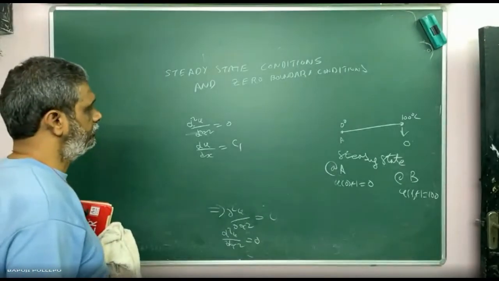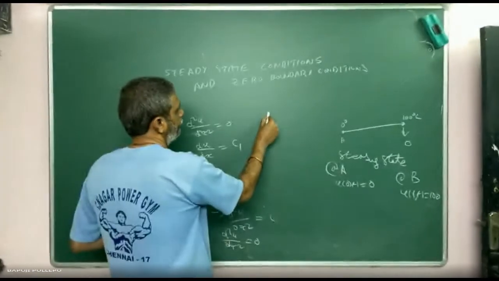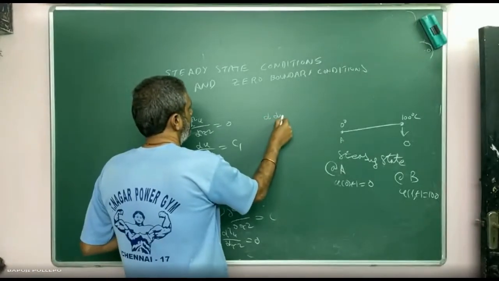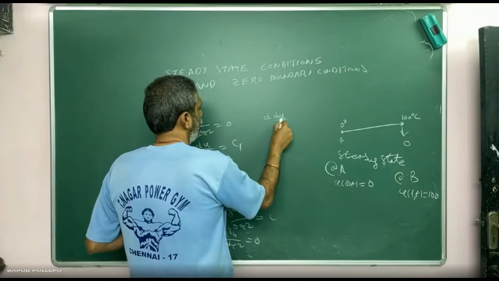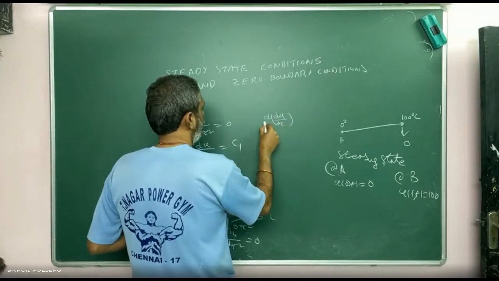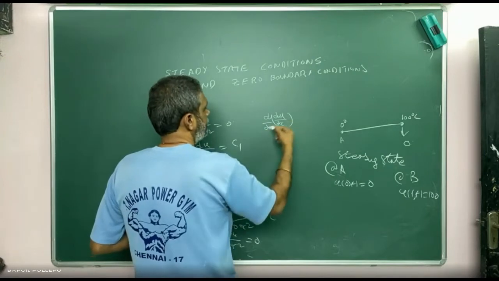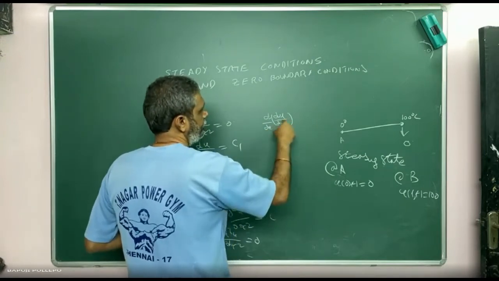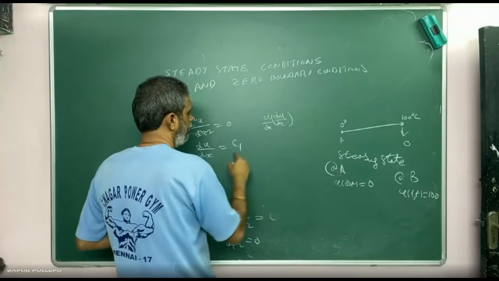Integrating both sides, d of du by dx, integral dx, is anyway 0, so you get C1.